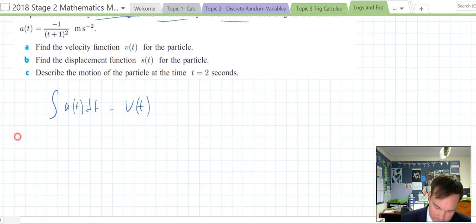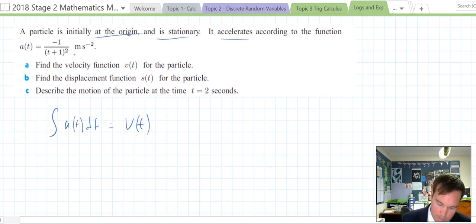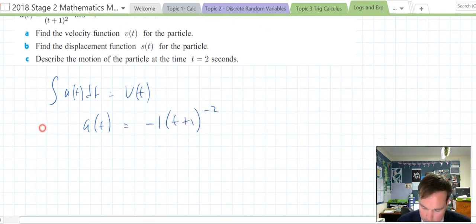We know that it's come from a minus, still thinking of a of t like minus 1 lot of t plus 1 to the minus 2.